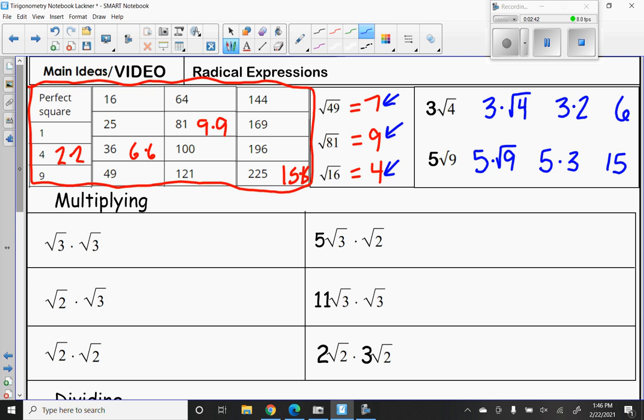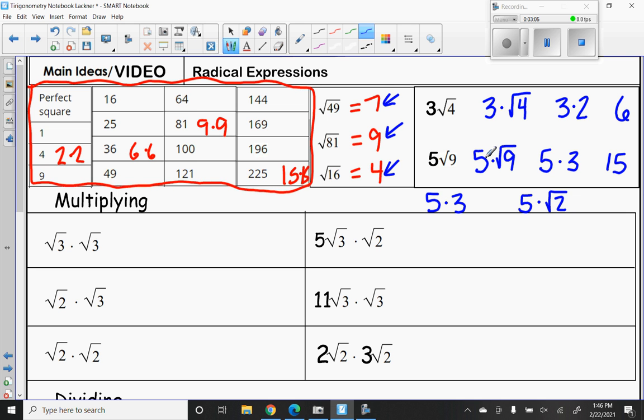So what we're looking for is multiplying what are alike. Whole numbers are alike. I can say 5 times 3. They're alike, whole number and whole number. 5 times radical 2 are not alike. So how do we multiply 5 times radical 2?